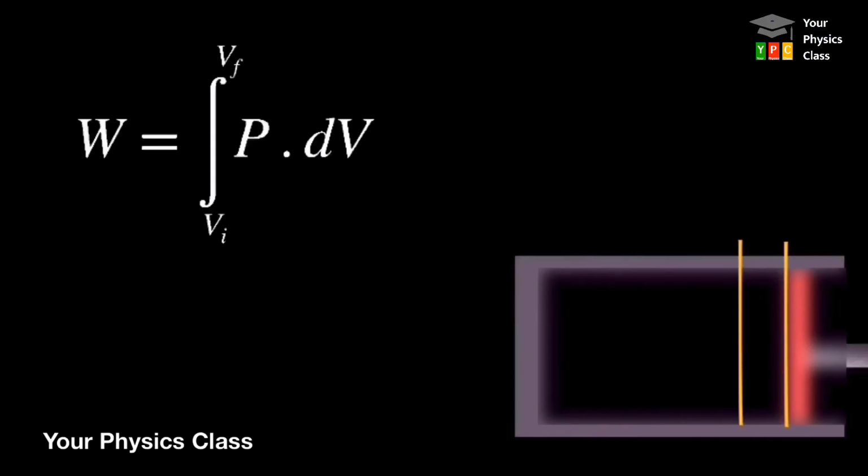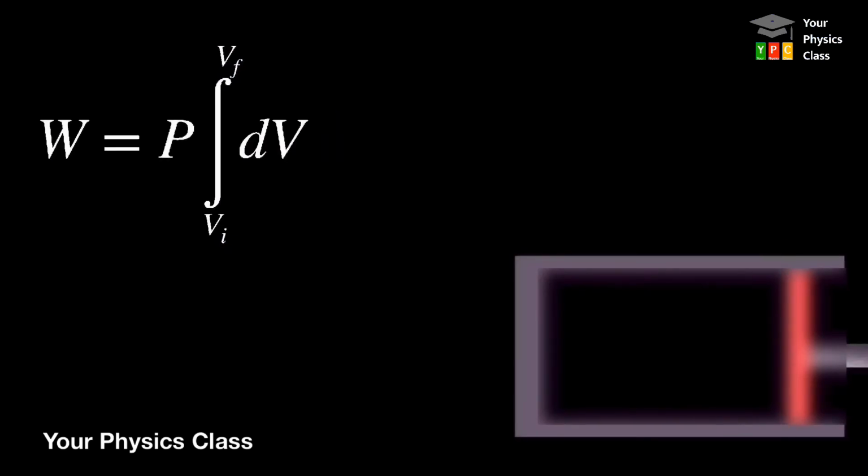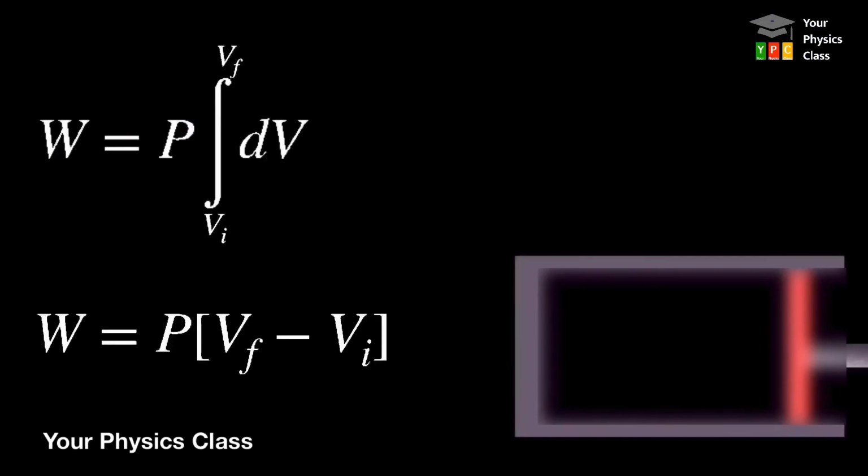So the equation becomes as shown on screen. As P is constant, taking it out of the integration, on solving this equation we get W equals P times (Vf minus Vi). This is equation 1.